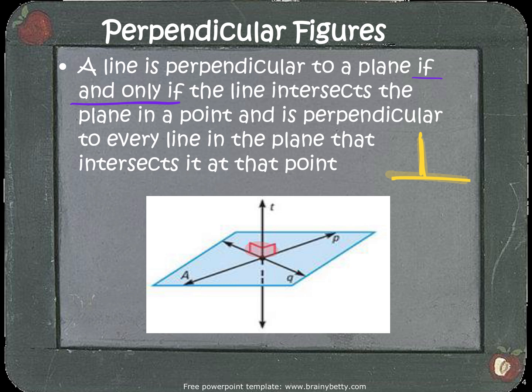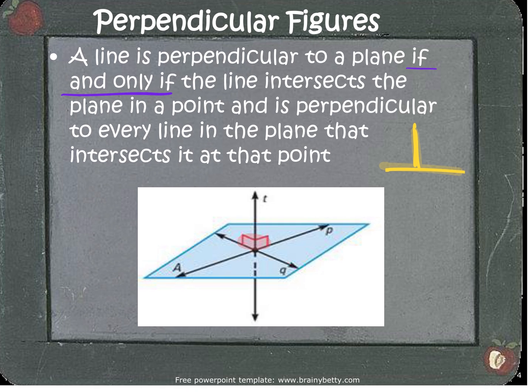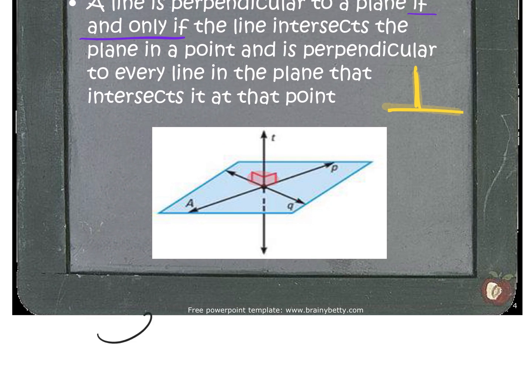So in this particular picture, you could have stated that line T, and then the upside down T, is perpendicular to AP, or you could have replaced it with line Q. So that's how you can tell if they're perpendicular. You're looking for that right angle.